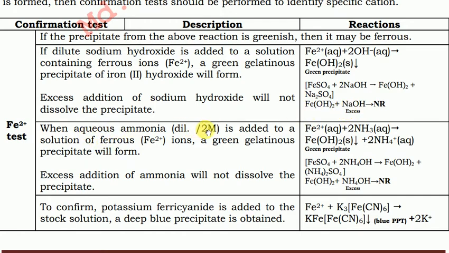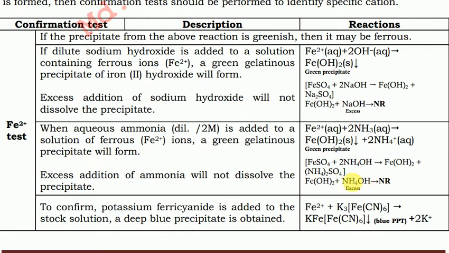Another test is that when dilute ammonia is added to a solution containing ferrous ion, then a green precipitate of ferrous hydroxide is formed. Then if we add an excess amount of ammonium hydroxide to this green precipitate containing solution, the precipitate does not dissolve.